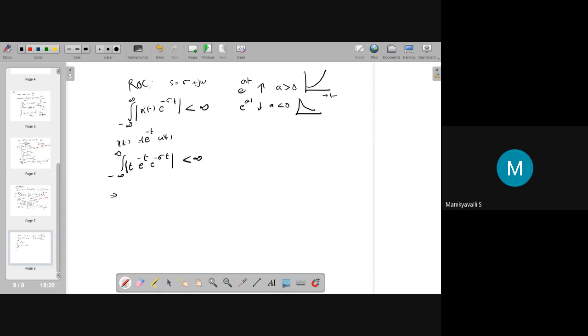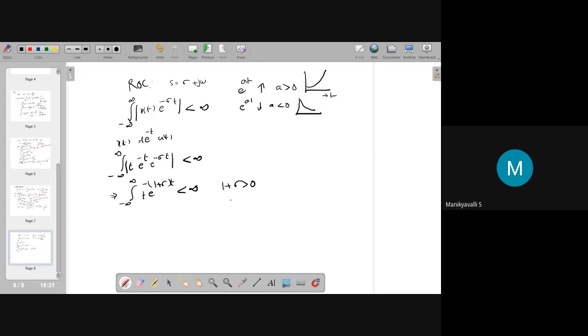That implies e to the power of infinity into e to the power of 1 plus sigma t should be less than infinity. So when this exponent will become negative, because this is already negative, this should be positive, right? Then only your signal will decay. So that means 1 plus sigma should be greater than 0.